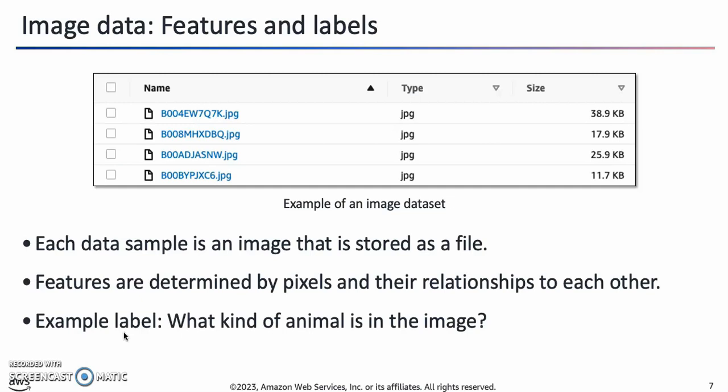And the label for this type of data may be what is the main shape that's stored there. Maybe it's an animal, or if it's an animal, we may refer to it as a species. Maybe it's a plant or a flower or a tree or something of that sort. So the label has to do with what's represented by that.